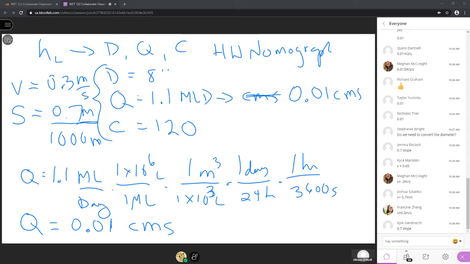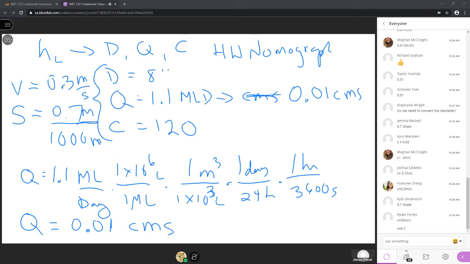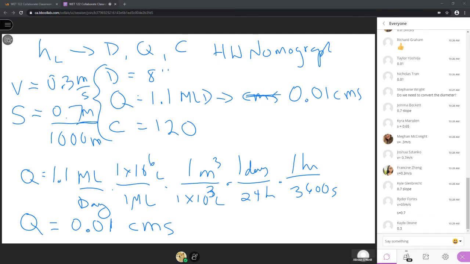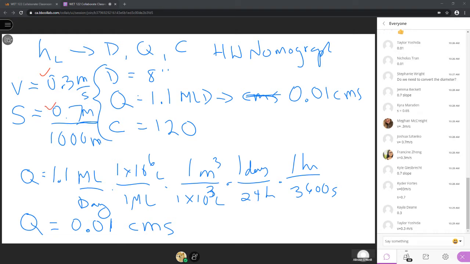Just going to wait for Francine, 0.3 meters per second, Ryder, 0.3 meters per second. Okay, looks like we're getting quite a bit of confirmation. Kayla, 0.3. So it looks like we've got 0.3 meters per second as our velocity, and our slope is 0.7 meters per 1,000 meters.